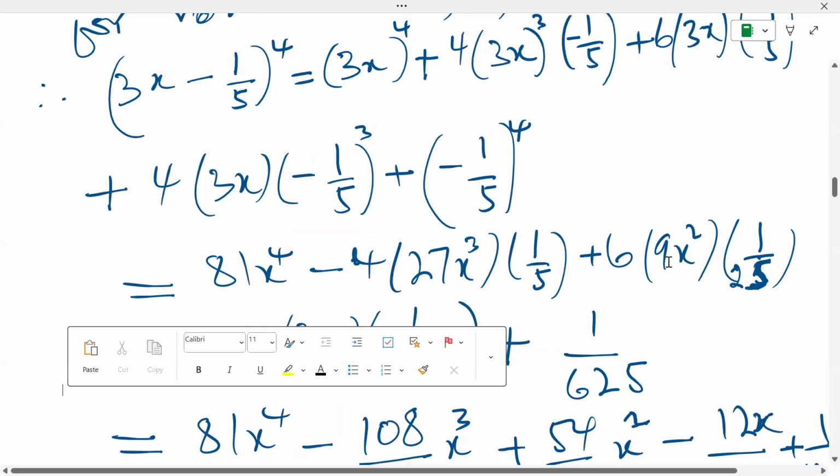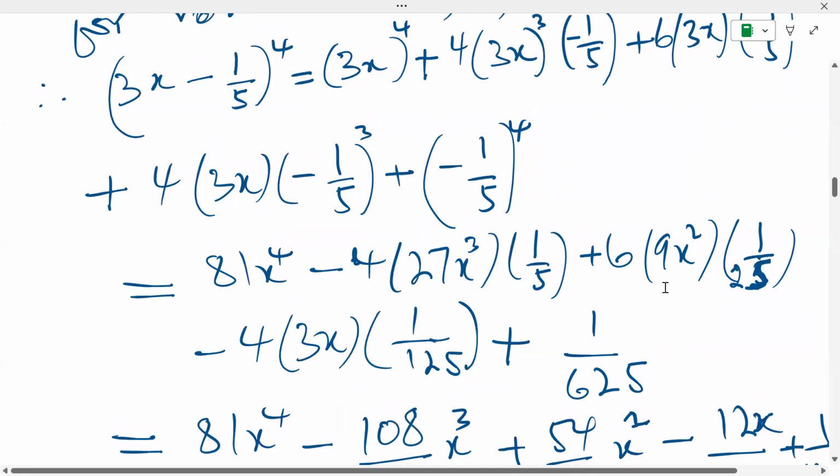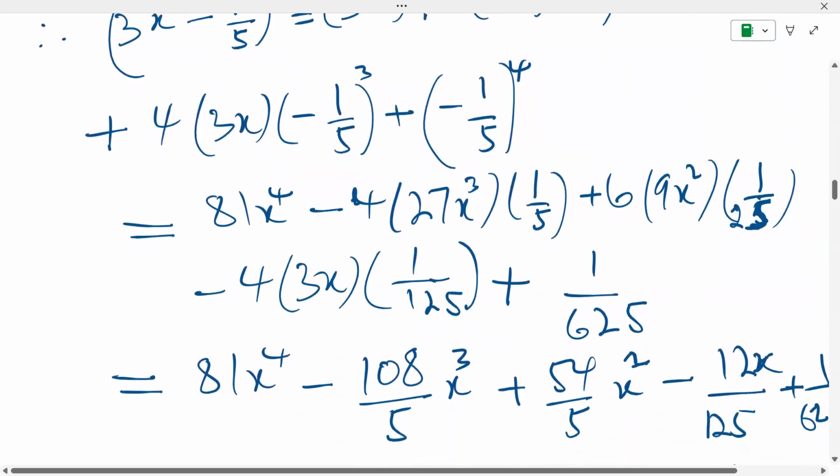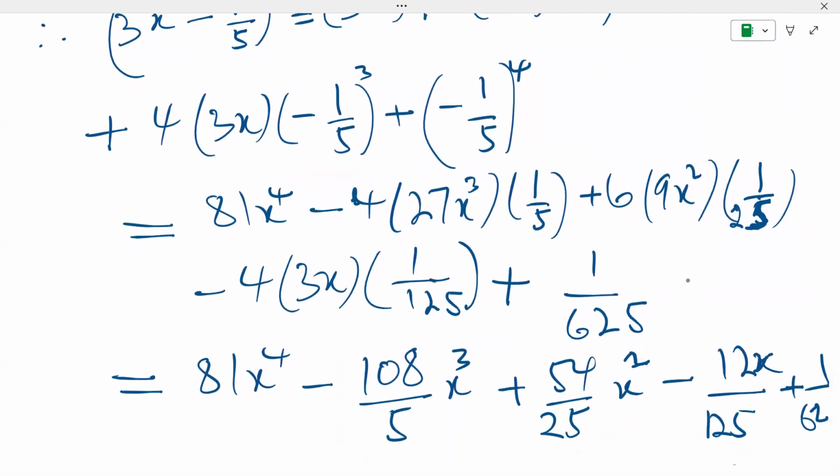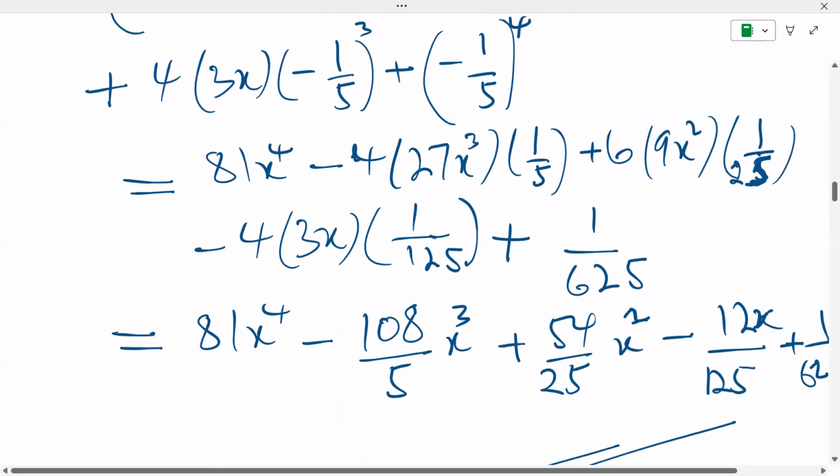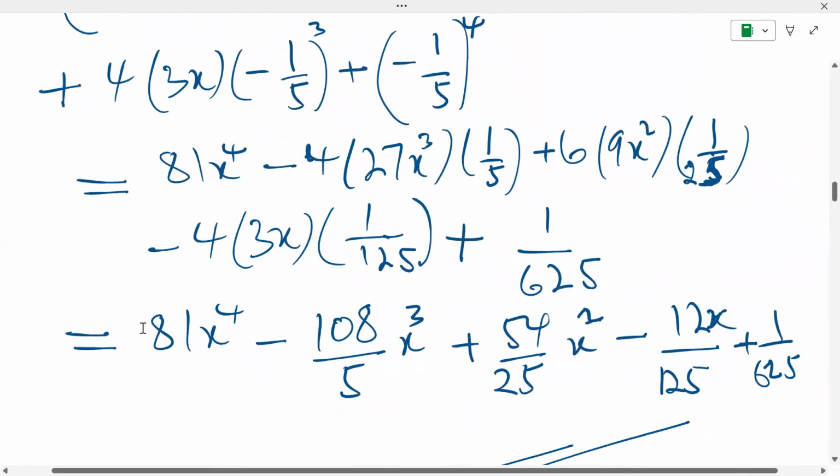So 6 times this is our 50, 6, 9, 54. So that'll be 54 over 25. That's it. So the simplification will give us the whole of this. We get 81x to the power 4, this x cubed, that x squared, and this and that. All right. So that does it for this question.